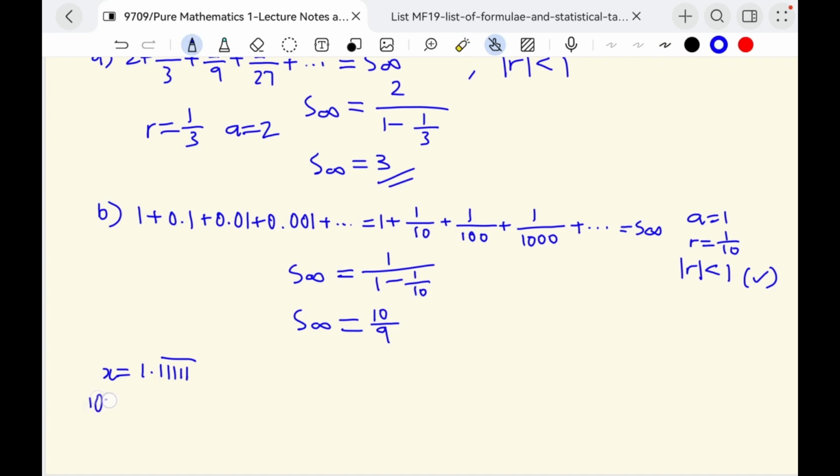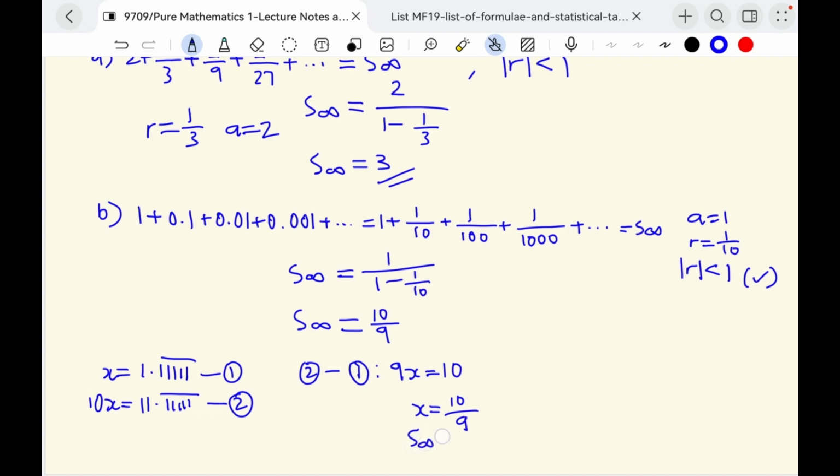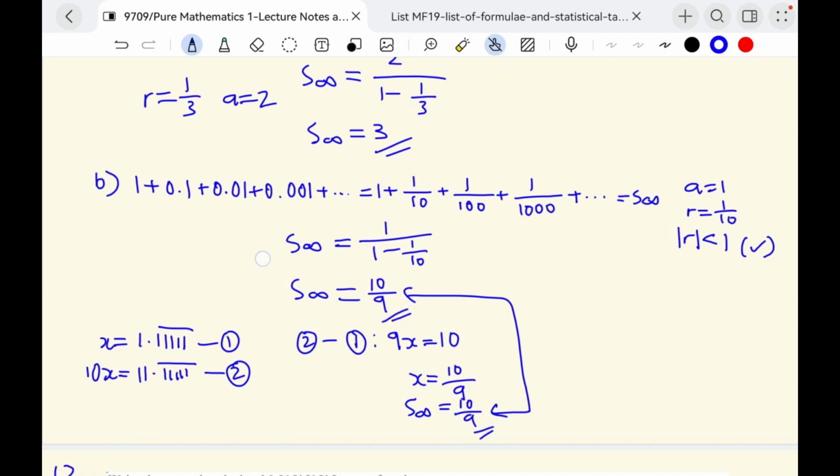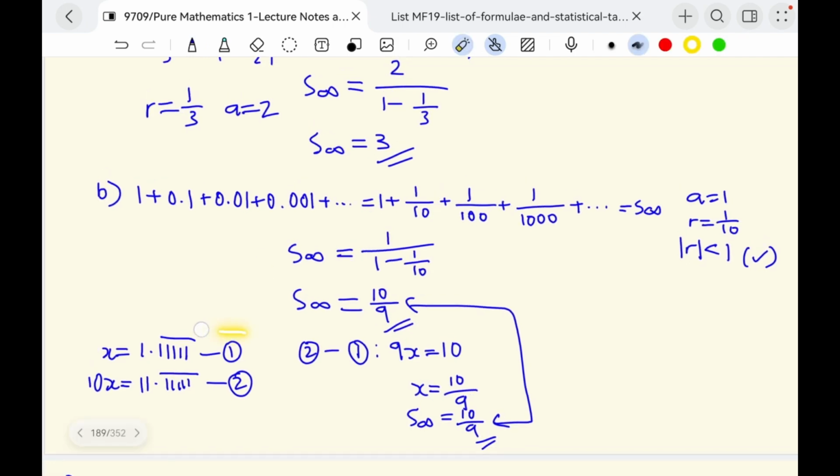So 10x equals 11.1111. This is equation 1 and this is equation 2. So 2 minus 1, you will get 9x equals 10. Therefore x is the sum of infinity. You see, different approach but same result. This method we can call the recurring decimal method.